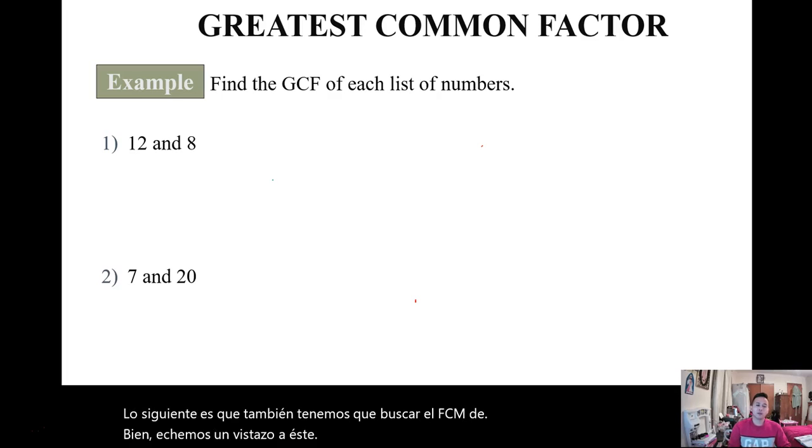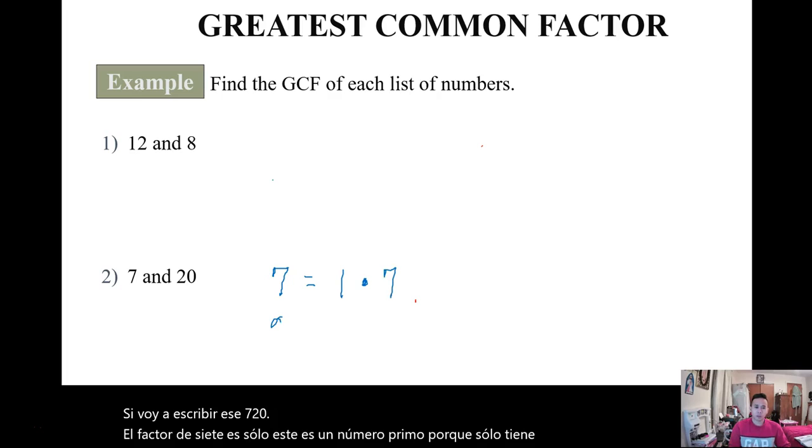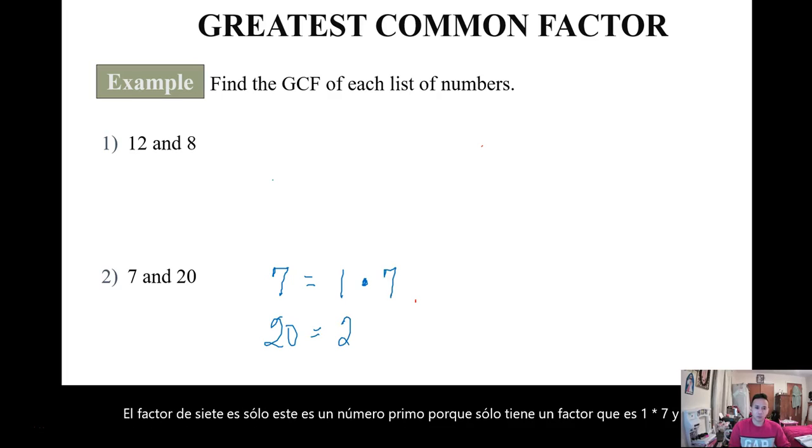So 7 and 20, if I'm going to write that. The factor of 7 is just 1 times 7, because this is a prime number, you only have one factor. And then 20, the factor is 2 times 2, because 2 is a prime number, guys, okay?